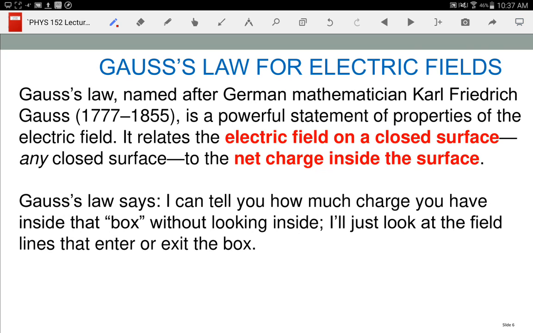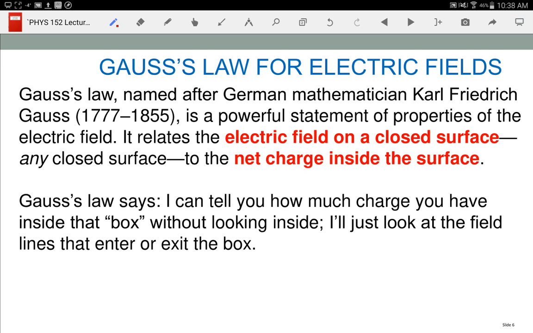Okay, Carl Friedrich Gauss came up with a brilliant idea. We talked about charge. We draw the electric field lines, and the number of electric field lines going into or out of a charge is proportional to the magnitude of the charge. And the electric field lines always go out of which kind of charge? Positive charge, and always go into negative charge.